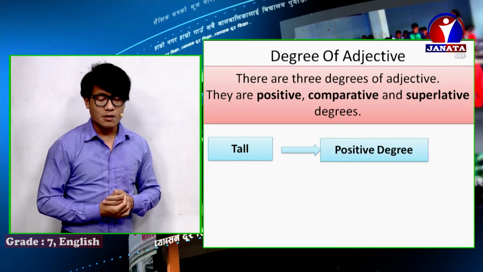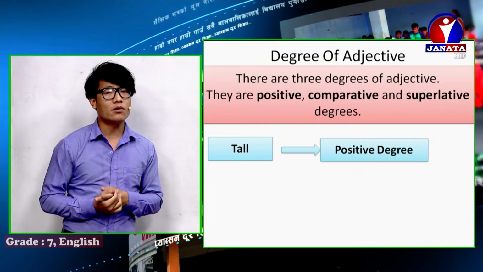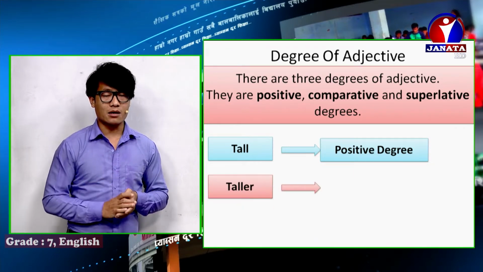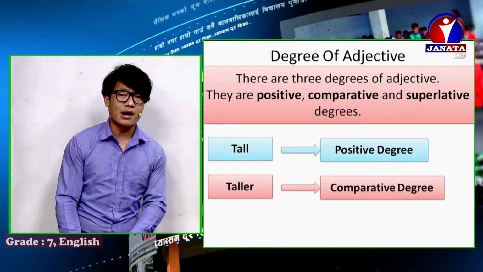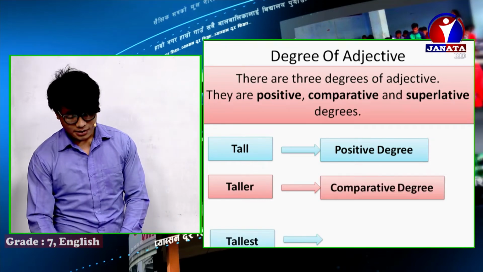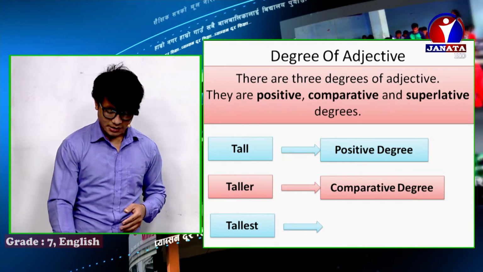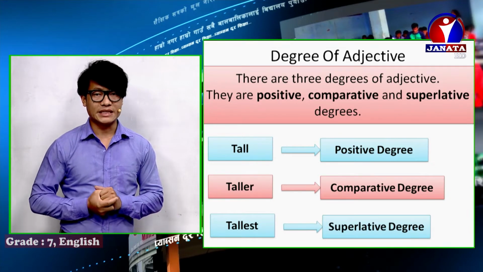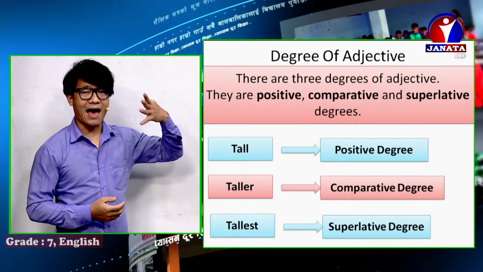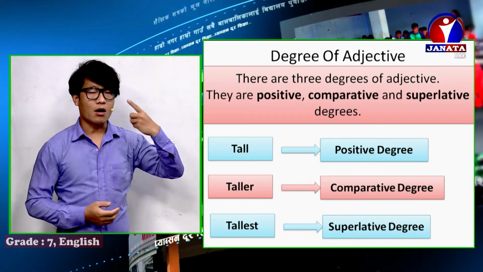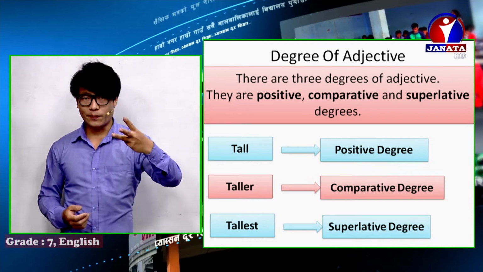This is positive degree. T-A-L-L-E-R, taller, this is comparative degree. And tallest, T-A-L-L-E-S-T, tallest, this is superlative degree. So we have 3 degrees: positive, comparative, and superlative.